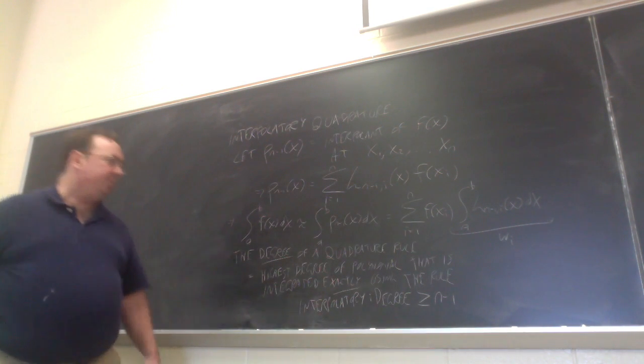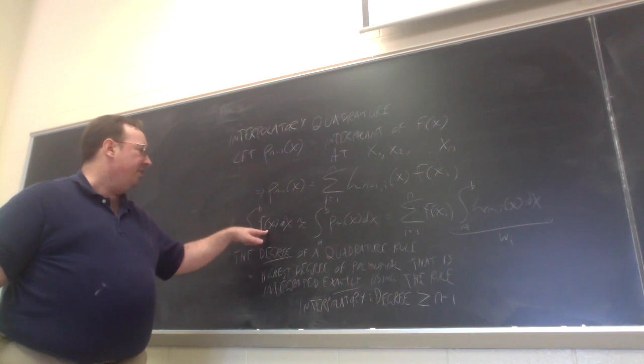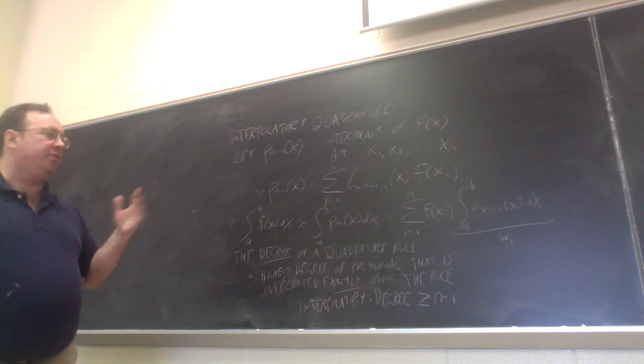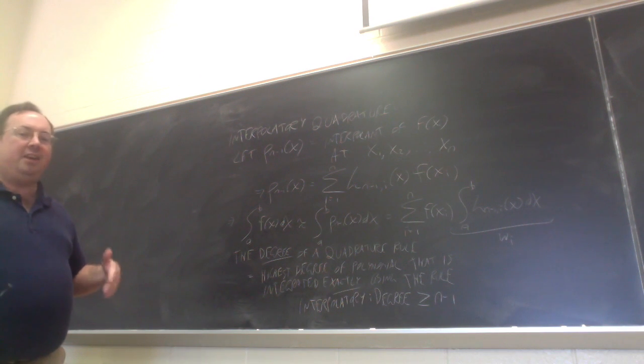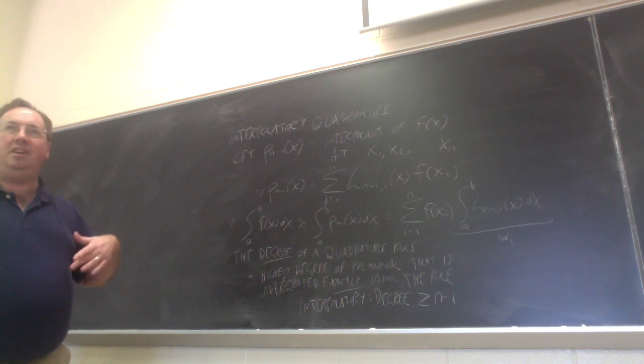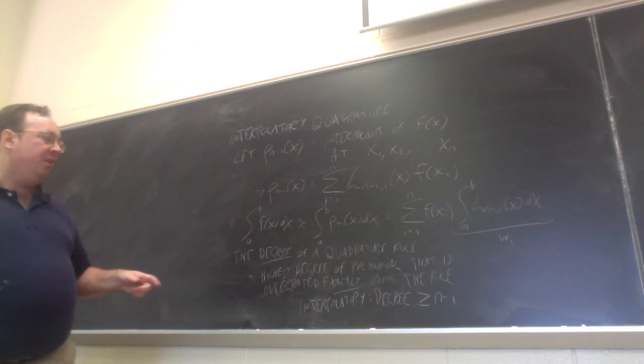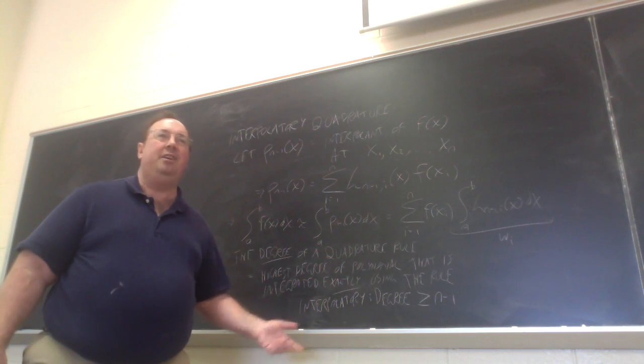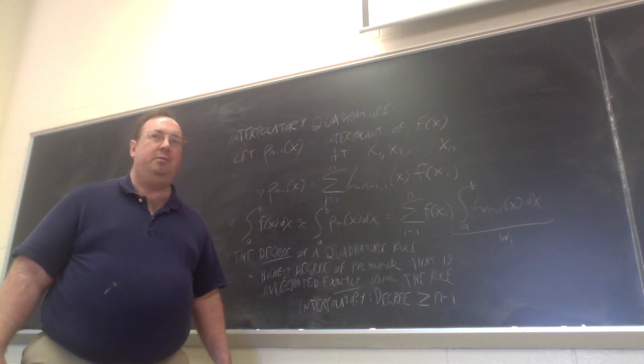And that's because if f is a polynomial of that low degree, the interpolant would equal f. So of course it's going to be exact. In certain cases, the degree might be higher. And in a couple chapters, I'll be able to give you an upper bound for the degree, although some of you may already know it.